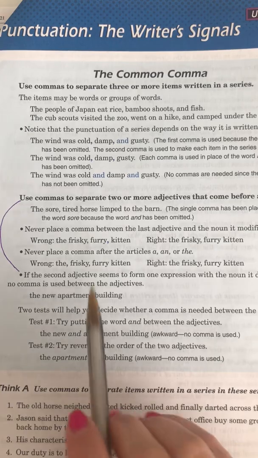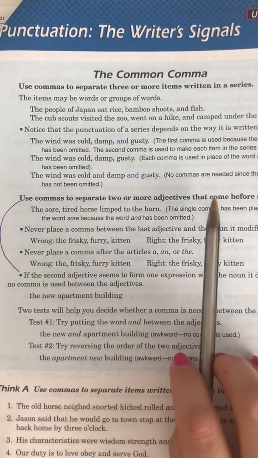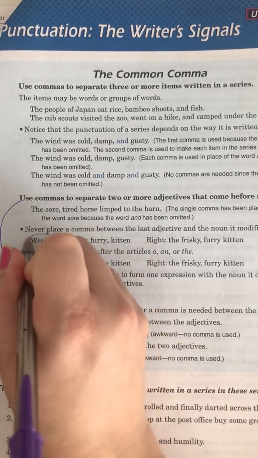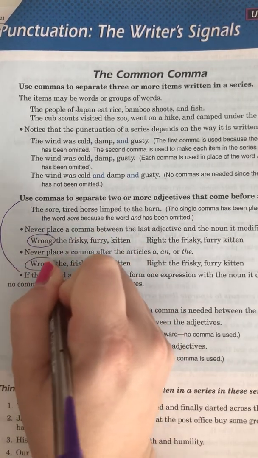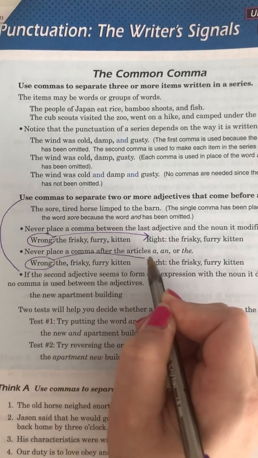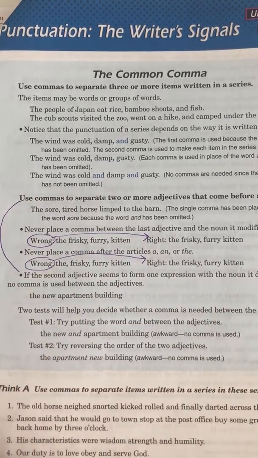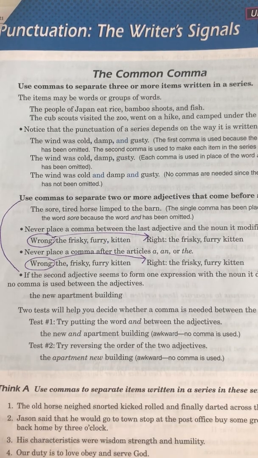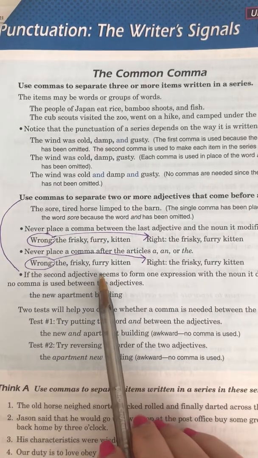So it says here, use commas to separate two or more adjectives, and it's going to explain to you how you can do them wrong, but then how to correct them. And I find this helpful because if you're writing something, you want to know if you're writing it the wrong way or the right way when it comes to placing commas, you can refer back to this.